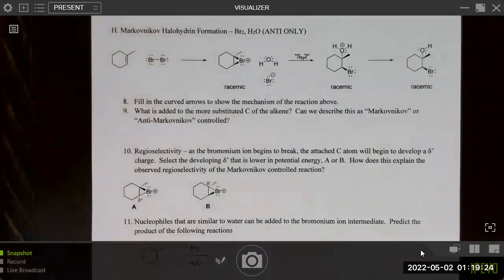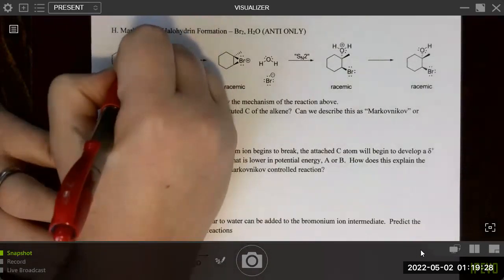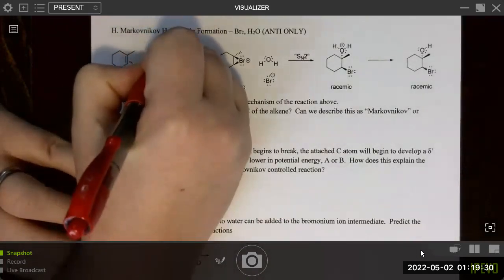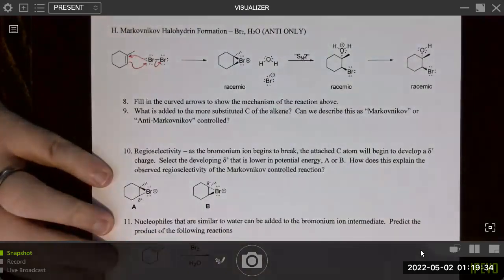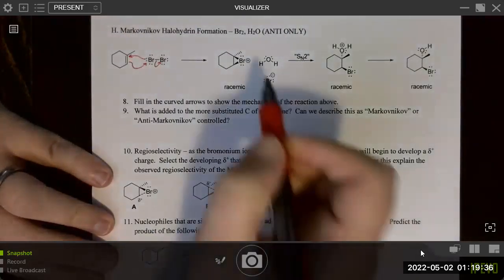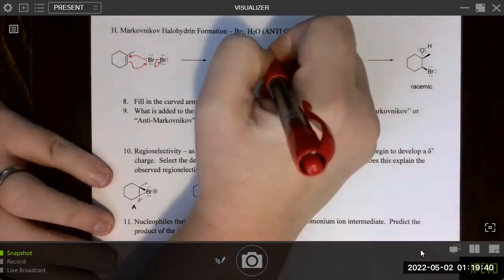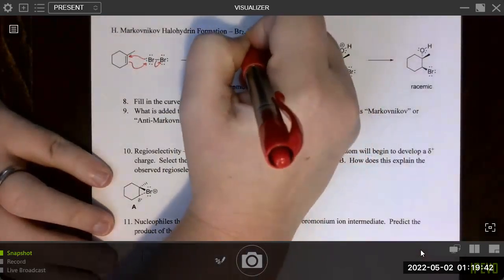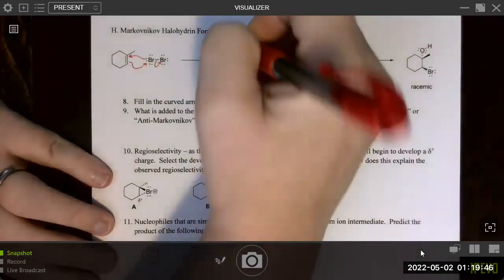So let's draw the mechanism in first. So again, we'll start off with the same arrows we did before to draw the formation of the bromonium ion. We have the racemic bromonium ion, and now water will act as a nucleophile and do backside attack.